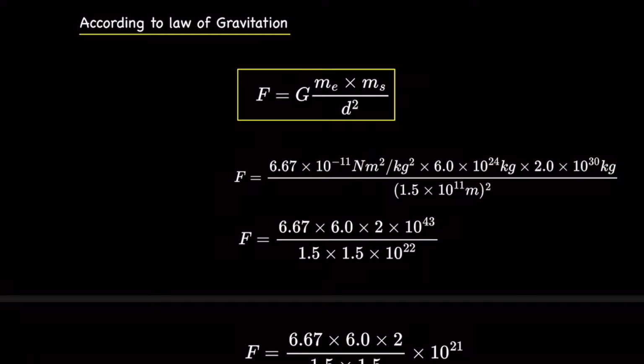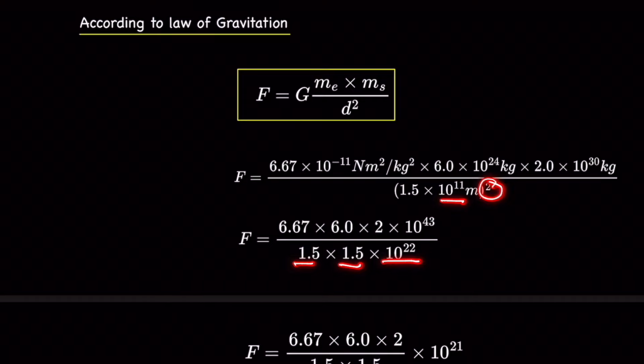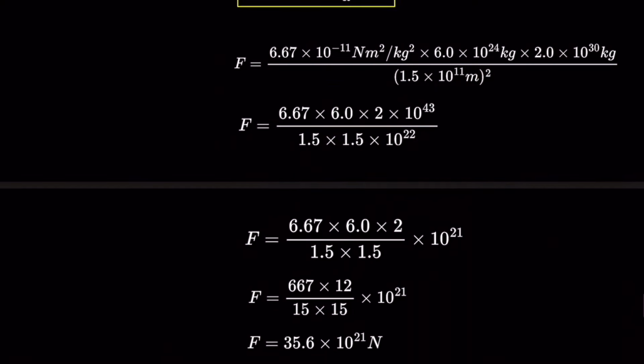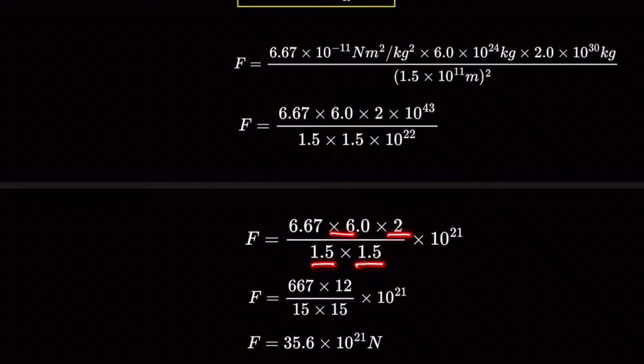Similarly, the denominator is 1.5 into 1.5 and 11 into 2 is 22 because it's a square. After this, 10 to the power 43 and 10 to the power 22, if we subtract, we will get 10 to the power 21. So 6.67 into 6 into 2 divided by 1.5 into 1.5 into 10 to the power 21.